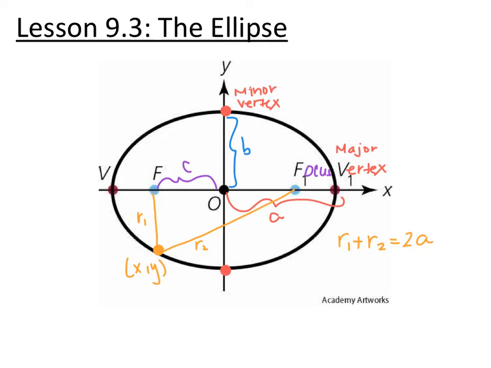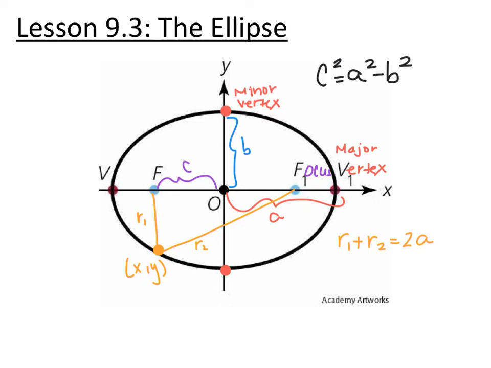We have two minor vertices and the center on that line. Half the distance of the minor axis, so the center to a minor vertex, we call that distance B. The distance from the center to a foci, or a focus, we call that distance C, and they're equidistant apart. And we have that relationship that c squared is equal to a squared minus b squared to relate a, b, and c.